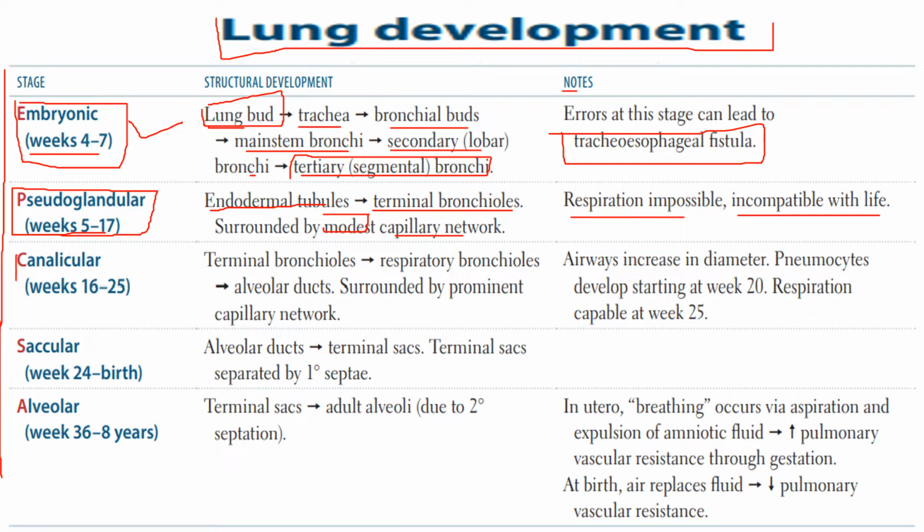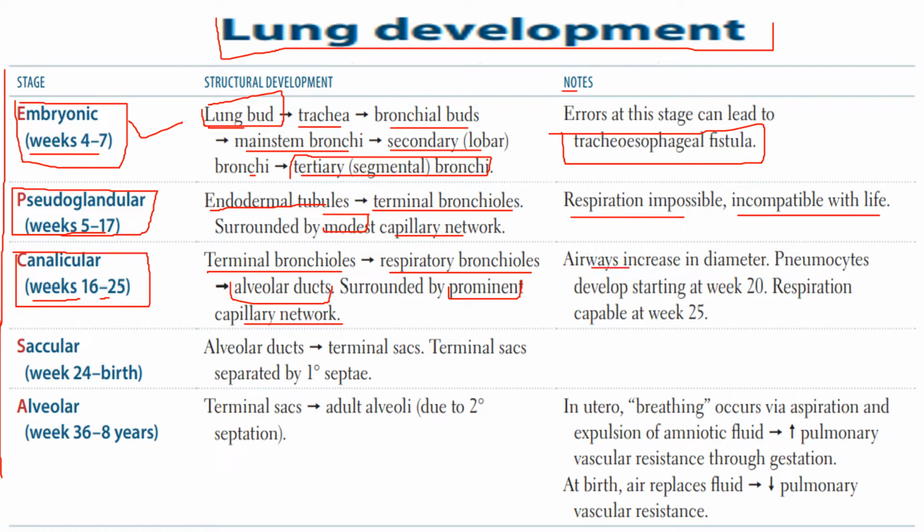The third stage is the canalicular stage, which lasts from week 16 to week 25. From terminal bronchioles, respiratory bronchioles get derived. From respiratory bronchioles, alveolar ducts get derived. These alveolar ducts are surrounded by prominent capillary network.